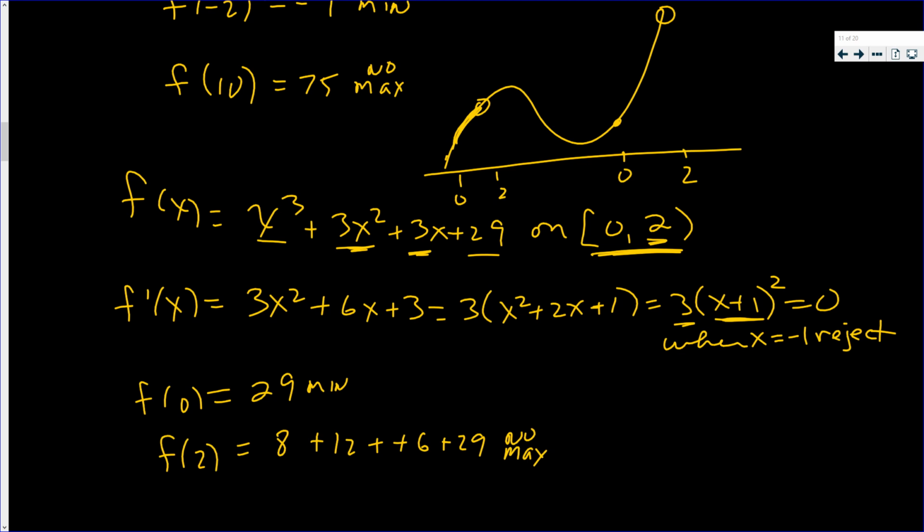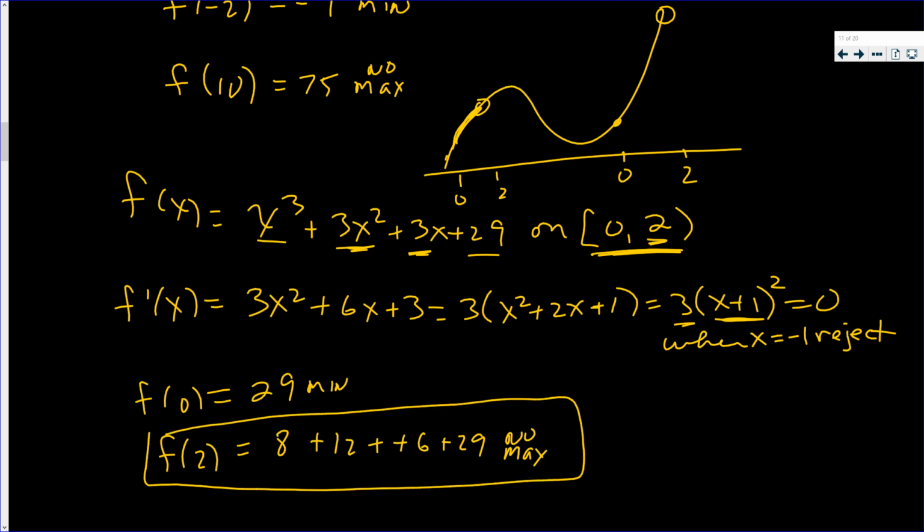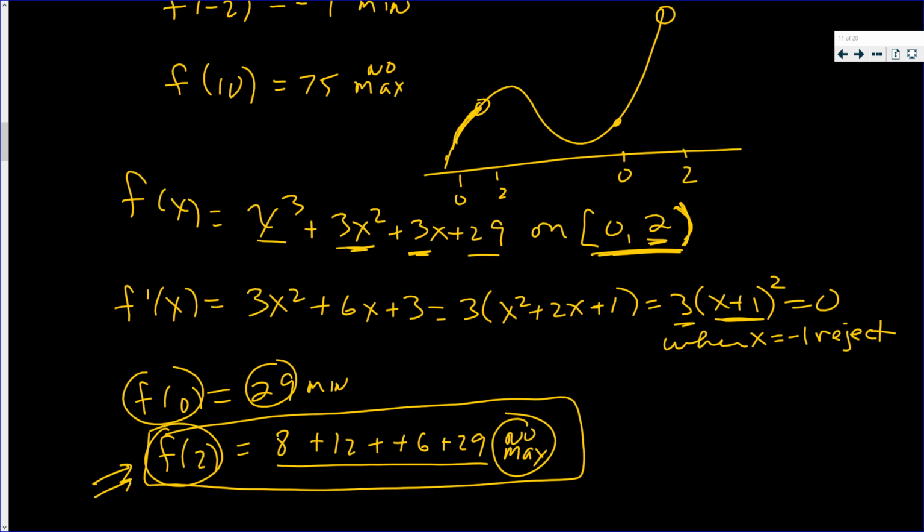The problem is that f of 2 would have been the largest, but it's not there. It says it's open, so there is no max. Whatever this sum is, I know it's bigger than this one. Either this is going to be the min if it exists, or that's going to be the max, or vice versa. It turns out that this was the larger one, and it failed because it doesn't exist.